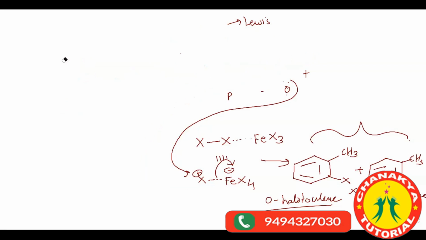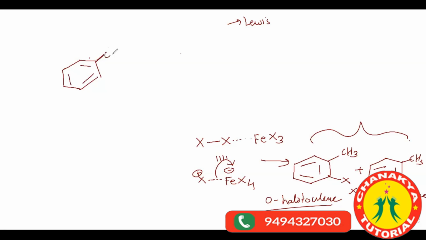Fine. So you come to know what exactly happens in this case. If the ortho position gets attached to this electron deficient species, suppose this is your benzene ring, this is a CH3 group, right? And at the ortho position, X has been attached, and it is attached with the hydrogen as well. But how will it get attached?